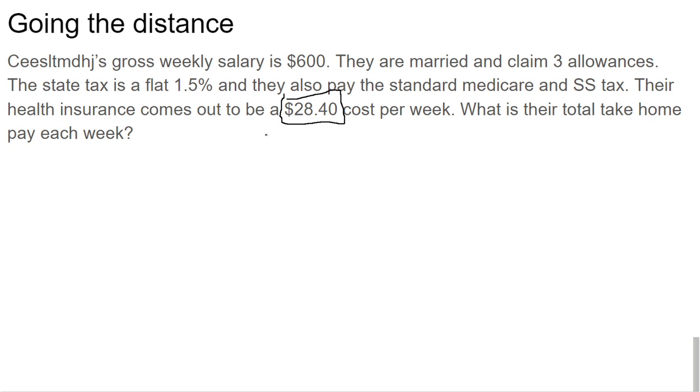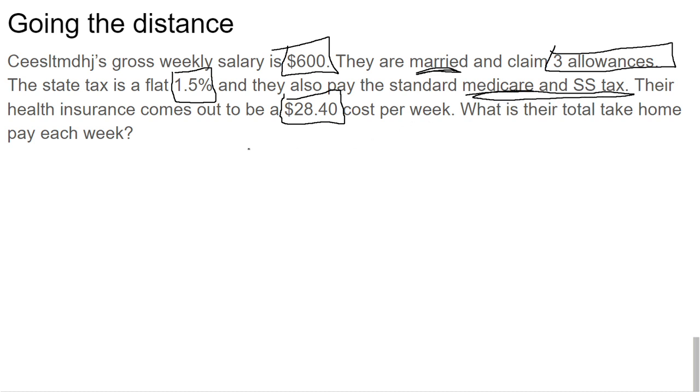So there's a lot of numbers here, so let's point them out. We have a $600 weekly salary, 3 allowances, they are married, a flat tax of 1.5%, Social Security and Medicare tax as well, and their health insurance number. Let's list out the deductions first.